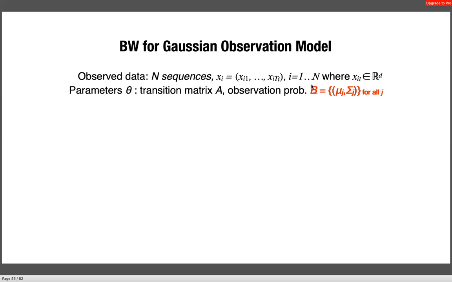Now that I have these continuous outputs, they are parameterized using Gaussians, by mu j and sigma j for all j. Each state j has a different multivariate Gaussian associated with it. So estimating B, the observation probabilities, would amount to estimating all the mu j's and sigma j's for all states j. That's the main change now that I'm dealing with Gaussians.